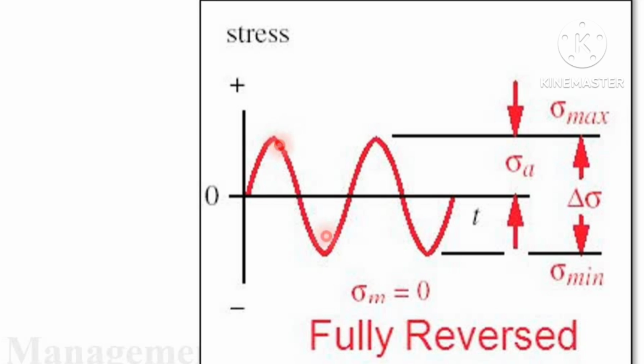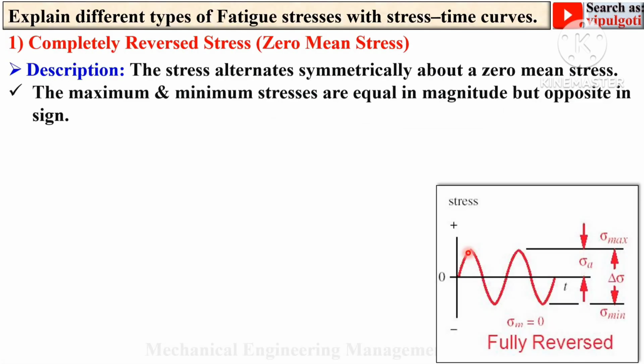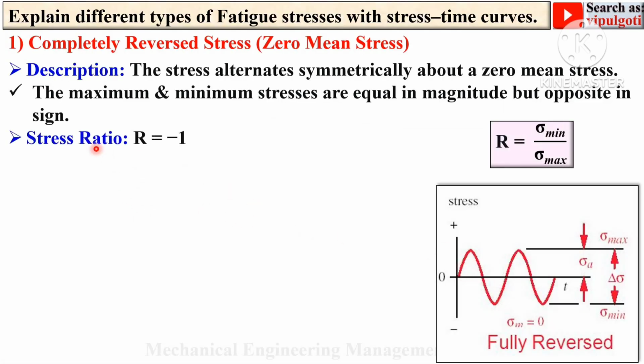The maximum and minimum stresses are equal in magnitude but opposite in sign. Here you can see this is the positive sign and this is the negative sign. So this is the minimum value and this is the maximum value. Now, stress ratio: generally you know that stress ratio is always the minimum stress divided by the maximum stress.